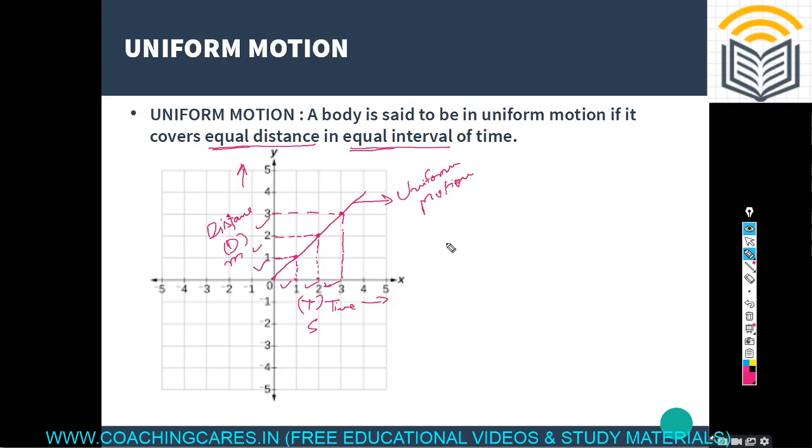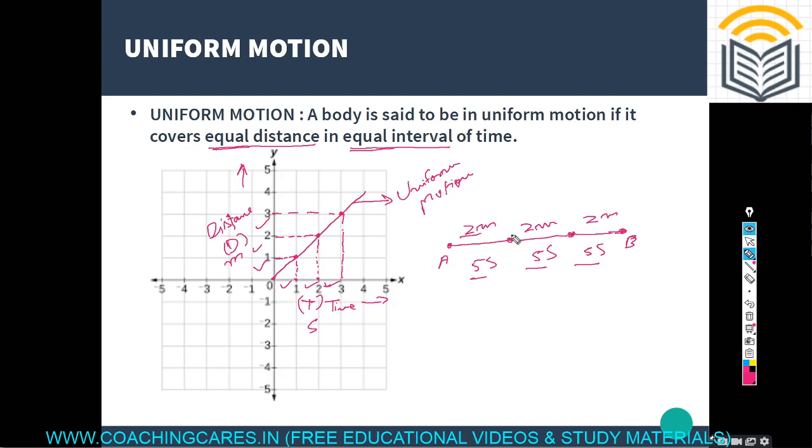You can understand by this example, say one object at A starts to move and it goes to one position after 5 seconds. Again, in another 5 seconds, it moves to this position. The first movement is say 2 meters, another movement again 2 meters, and in another 5 seconds the object moves to the final position, which is again 2 meters. The time interval is 5 seconds, so this 5 seconds is an equal interval of time.